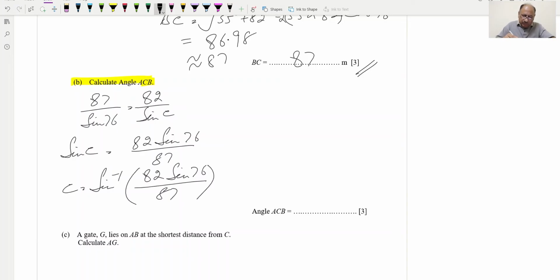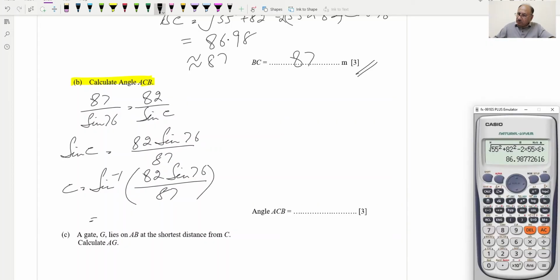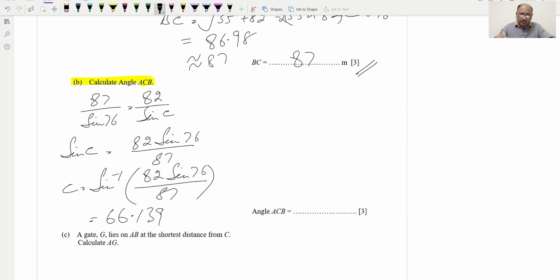We can check this value on the calculator: shift sine of fraction 82 sine of 76 bracket close over 87, bracket close, and this is equal to 66.139. If we write 66.1 or even 66 degrees, we can write the answer.